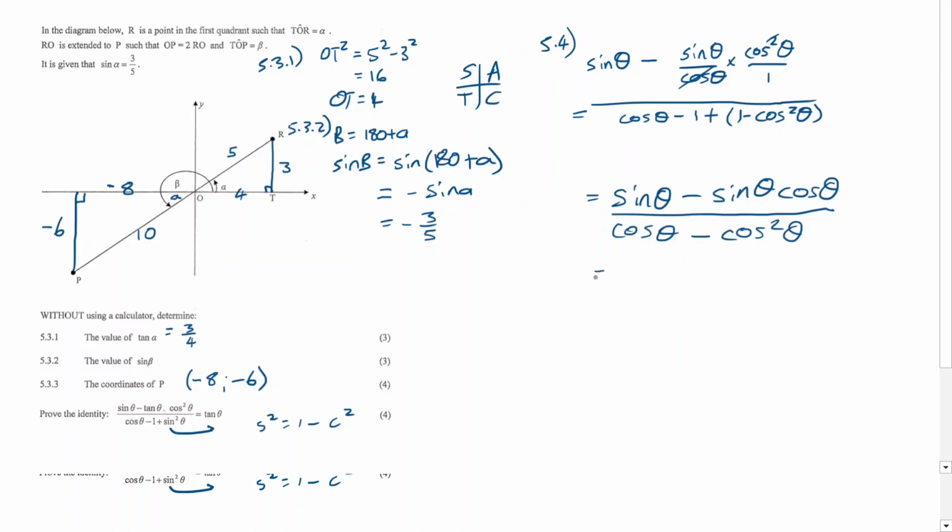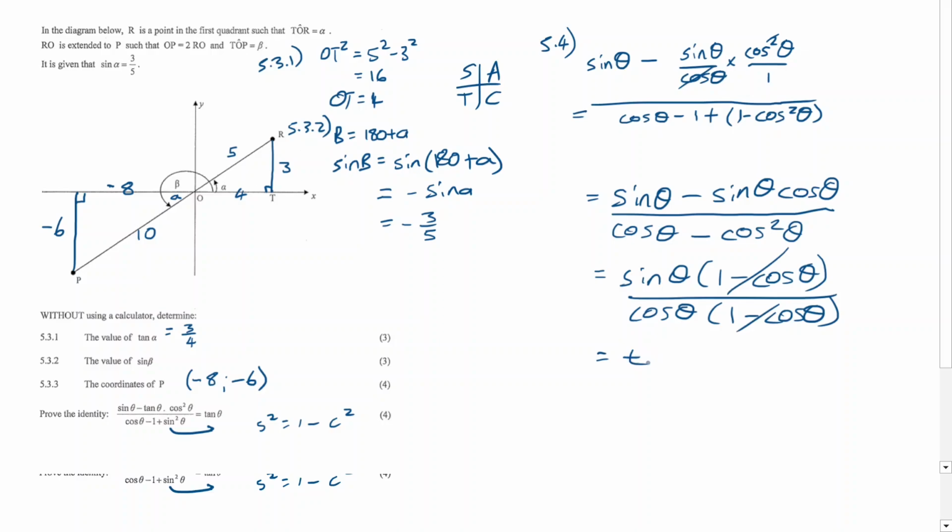And then any section of maths, whenever you feel utterly stuffed, then you've always got your friend factorizing. And so on the top line, I'm going to take out a sine, and I'm left with 1 minus cos. On the bottom line, I'm going to take out a cos, and I'm left with 1 minus cos. Those brackets will cancel, and I've got my answer of tan theta.